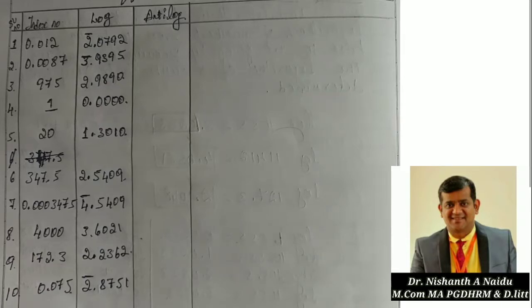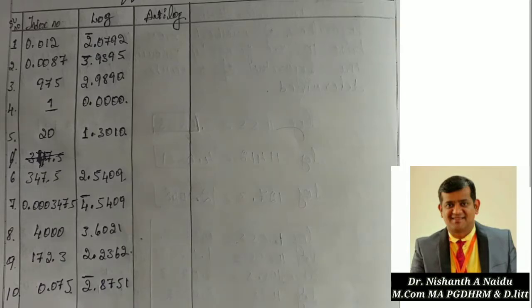Okay. So for anti-log, I said you have to go in reverse. Here they said in the theory that while consulting the anti-log table, select only the mantissa part of the logarithm. The first 2 digits of the mantissa part decide the row, and the third digit decides the column. Okay.